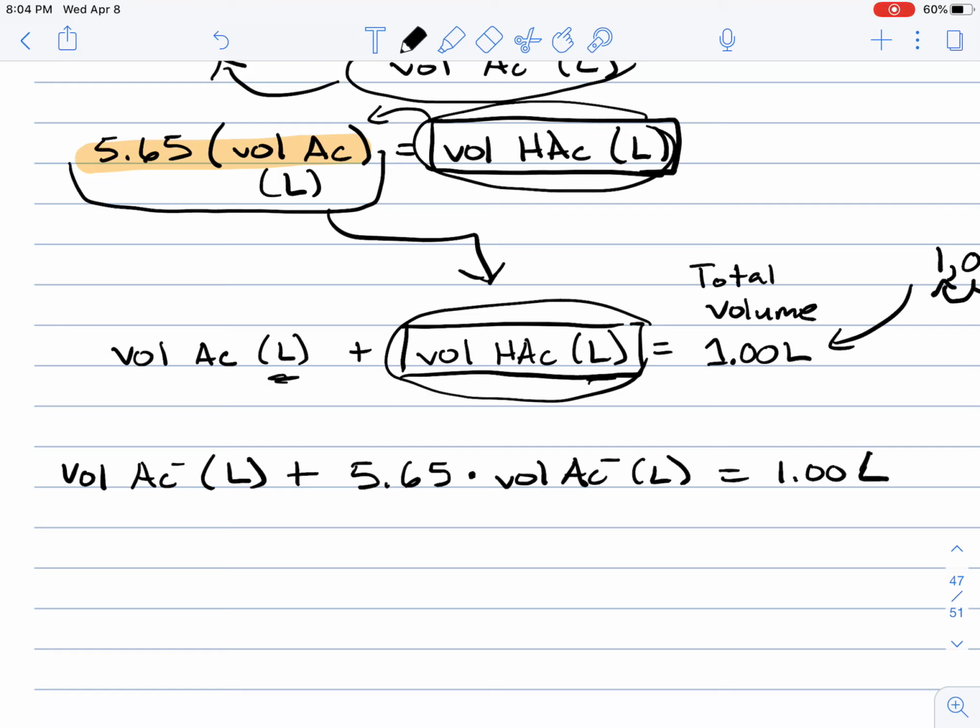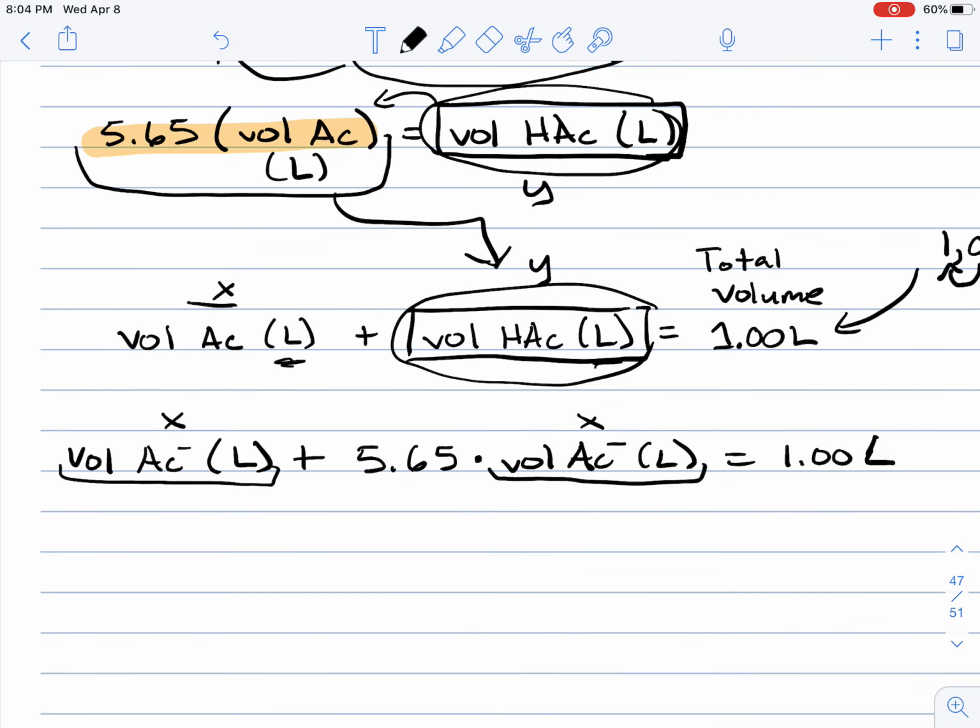We're going to treat volume of acetate in liters like X, because we don't know what this is. And we can treat volume of HAc as Y. So this is Y, this is X. What I'm getting at is we can rewrite this whole expression to say X plus 5.65 times X is equal to 1.00 liters.